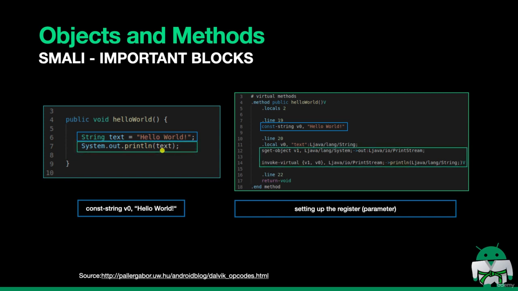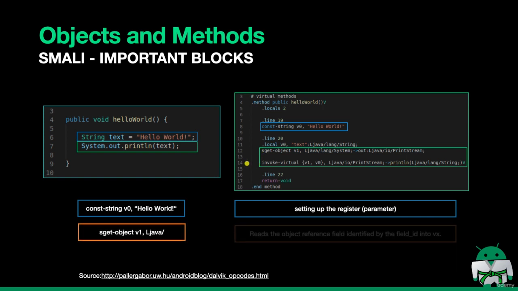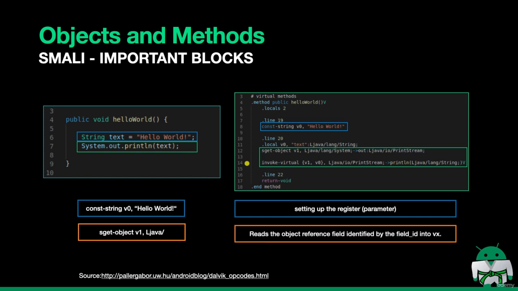Next, we have our System.out, and our System.out now consists of these 2 instructions. And if we split them up a little bit, it looks like this. We've got our sget-object v1, this one over here, and this reads the object reference field identified by the field ID into vx. I have taken this sentence from our Dalvik opcode site.